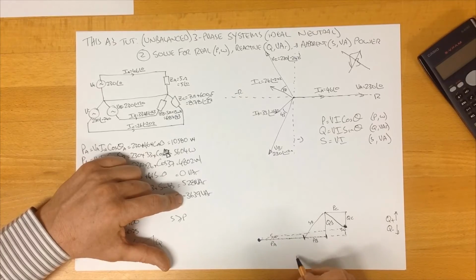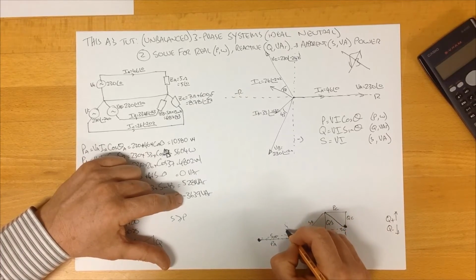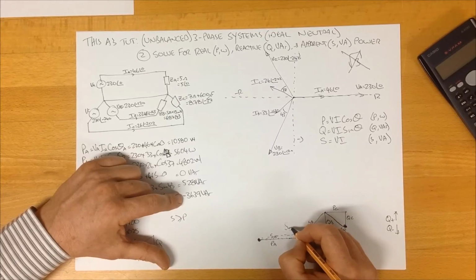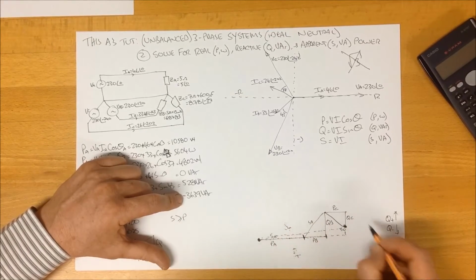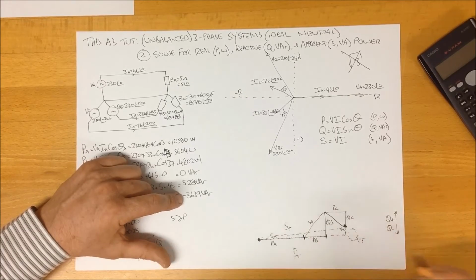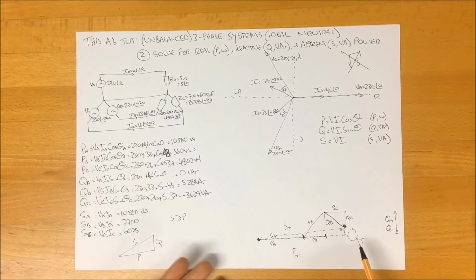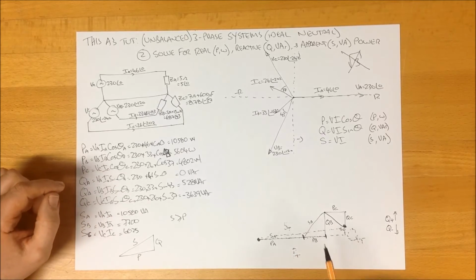Our dotted lines are ST, PT, and QT. Now that we've drawn our power triangles down here, we can go through and use calculations to confirm that this is right.